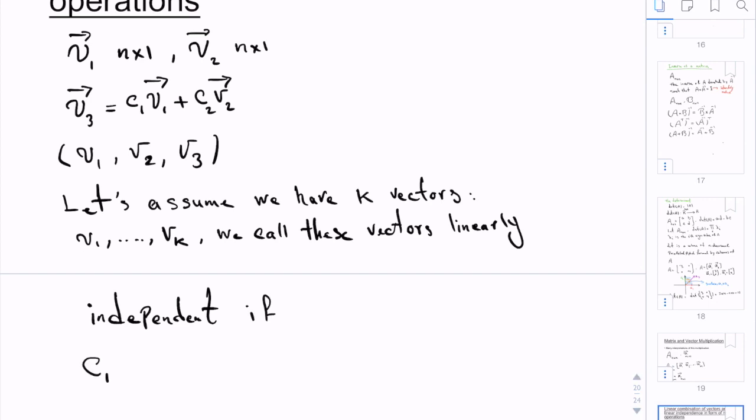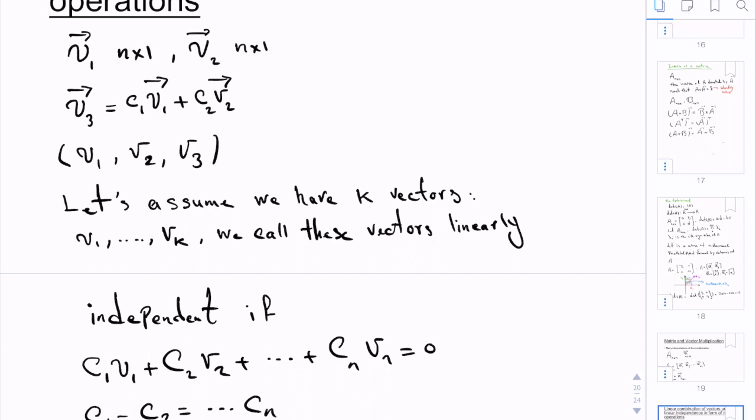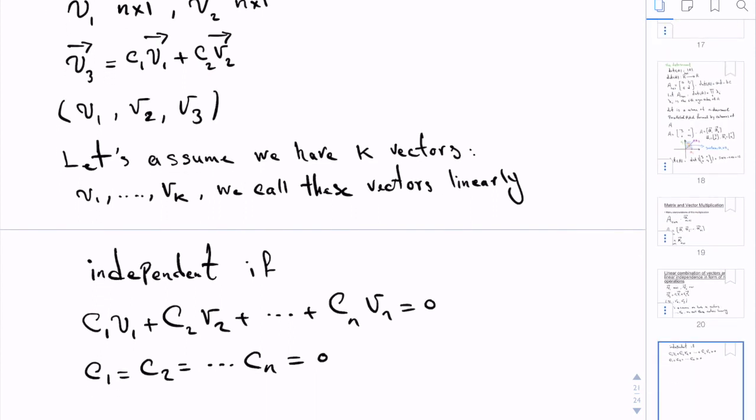Let's say c1v1 plus c2v2 plus cnvn equal to 0. Then c1 equals c2 equals cn, all equal 0. So that means there is no way we can express these vectors in terms of each other, any vectors in terms of any combination of others.